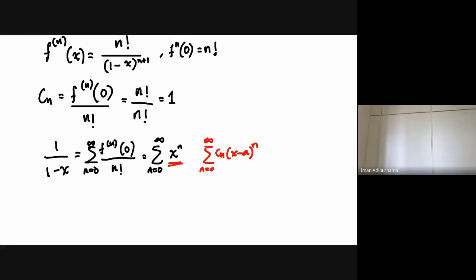But we are still confused about Cn. How is it true for this x with the power of n? To find the Cn, we can try the Maclaurin series because we see the a is 0. That's how it's done.